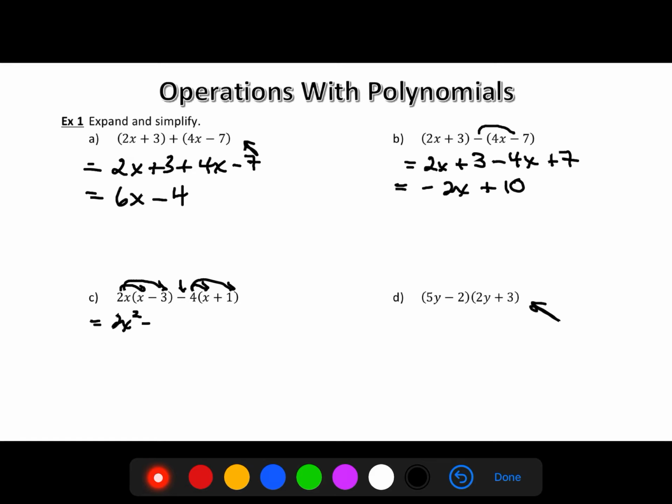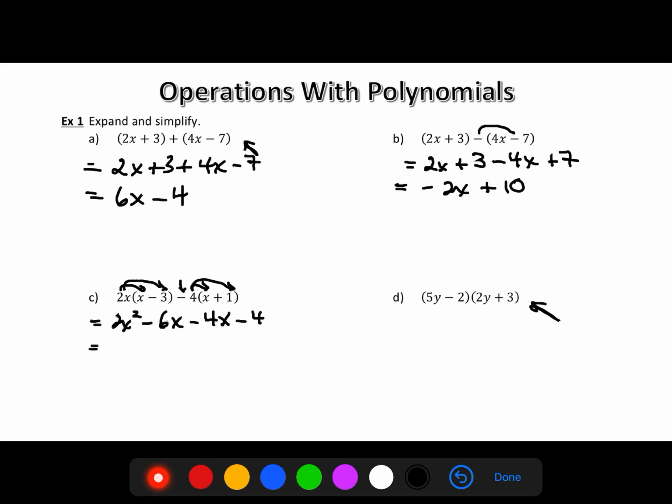We add our exponents. Minus 2x times 3 means that we have minus 6x. And our second set of brackets, we're going to subtract each of our terms. So we're going to have minus 4x and minus 4. Again, notice that those signs changed for each term in the brackets.